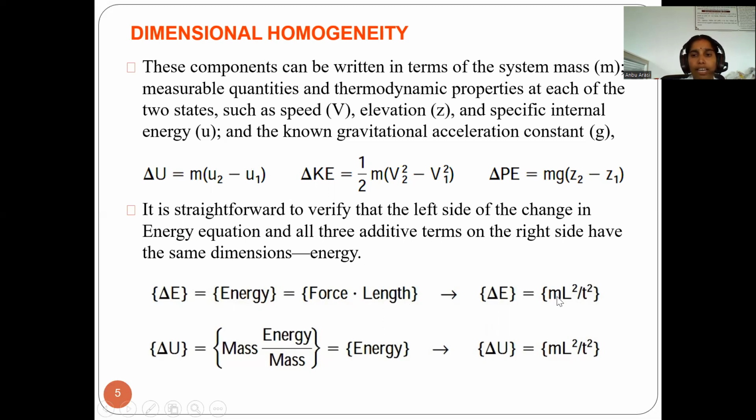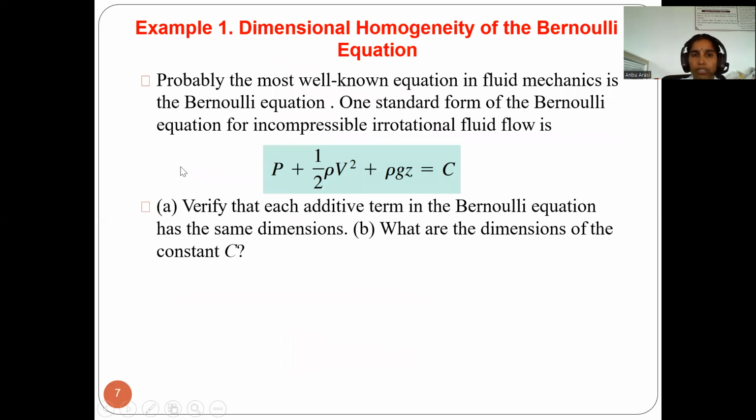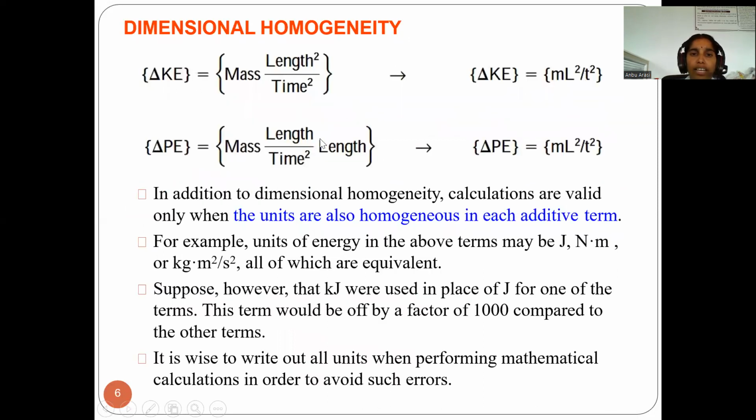That gives delta E as M L squared divided by T squared. And delta U equals mass times energy per mass, that is energy again, so delta U is M L squared divided by T squared. Then delta KE, that is mass into kinetic energy, mass into L squared divided by T squared, so delta KE is also M L squared divided by T squared. Then delta PE, potential energy, mass into length divided by time squared into length.